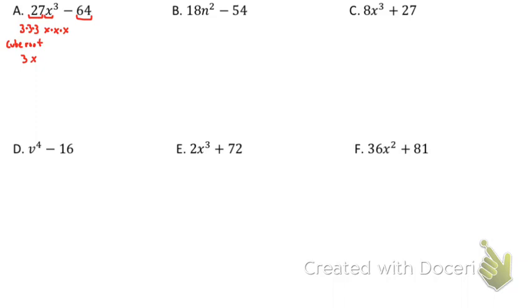So we are done with the first term. We're going to try to find the cube root of the second term. So what number multiplies to itself 3 times that will give you 64? And that number is 4 times 4 times 4.